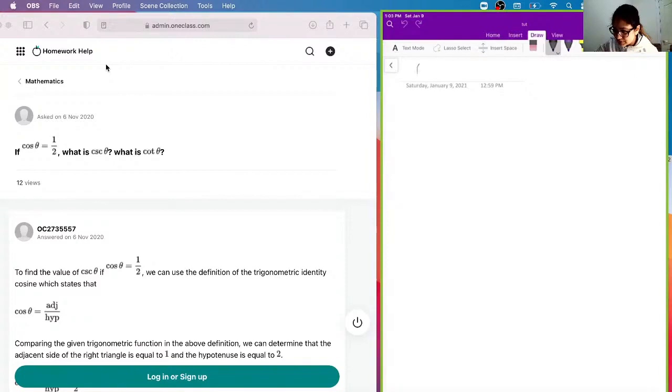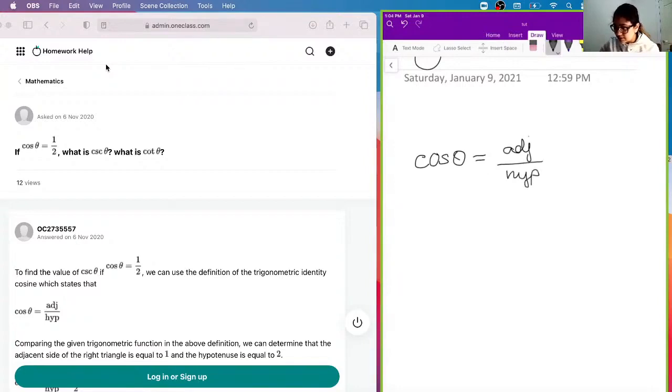So our first question says, what if cos theta is equal to half? What is cosecant theta? What is cotangent theta? To find the value of cosecant of theta, given that cos theta is equal to half, we can use the definition of cosine: cos of theta is the ratio of adjacent over hypotenuse.